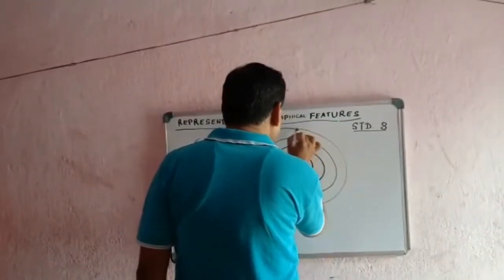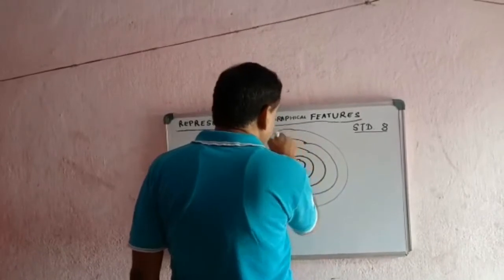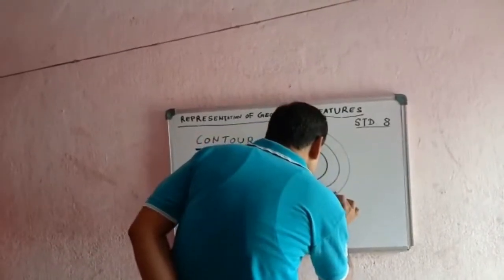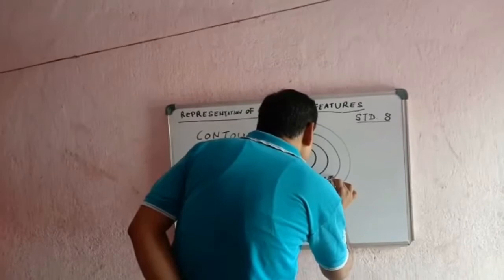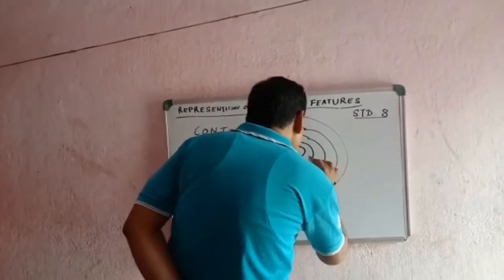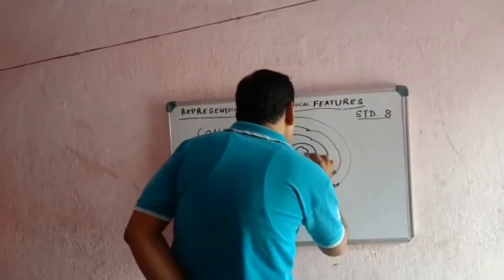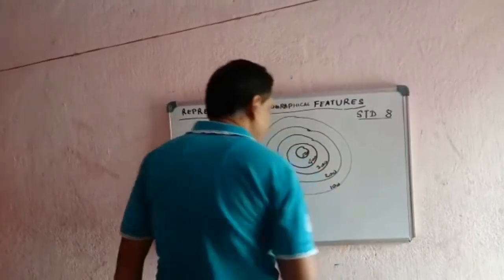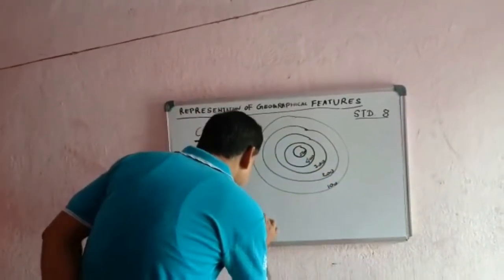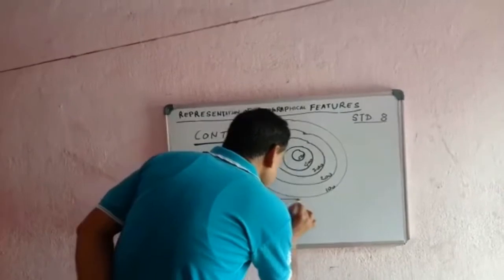Suppose the heights are 100 meter, 200 meter, 300 meter, 400 meter and 500 meter. We have to draw this contour.